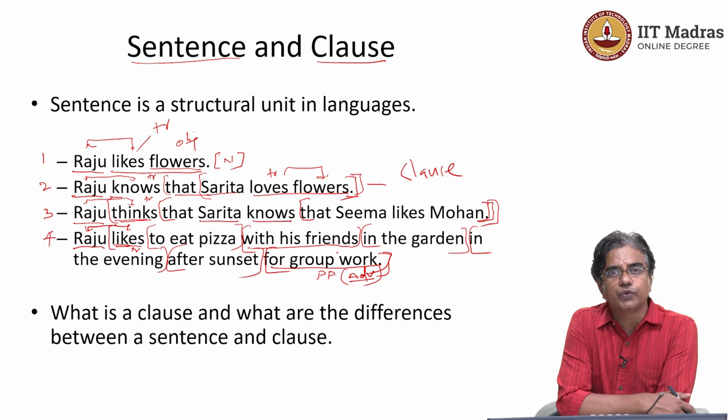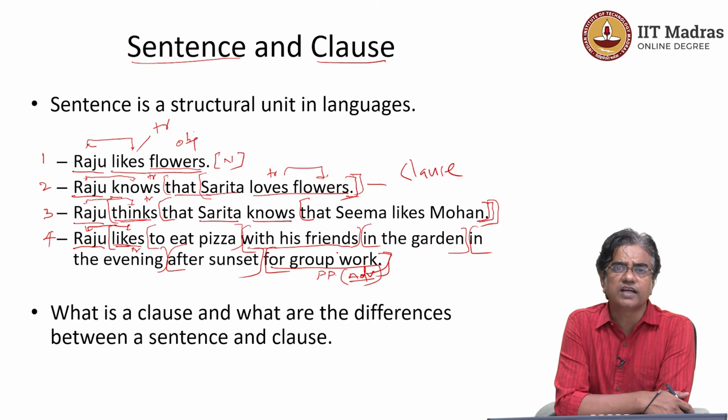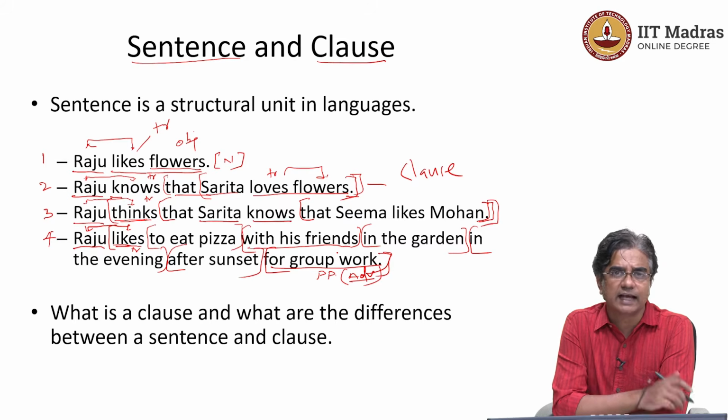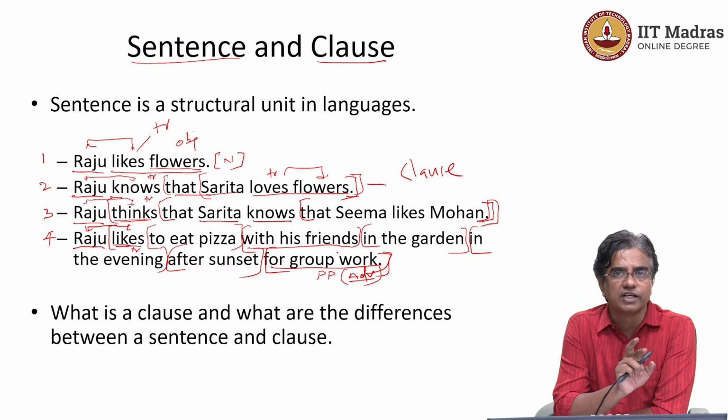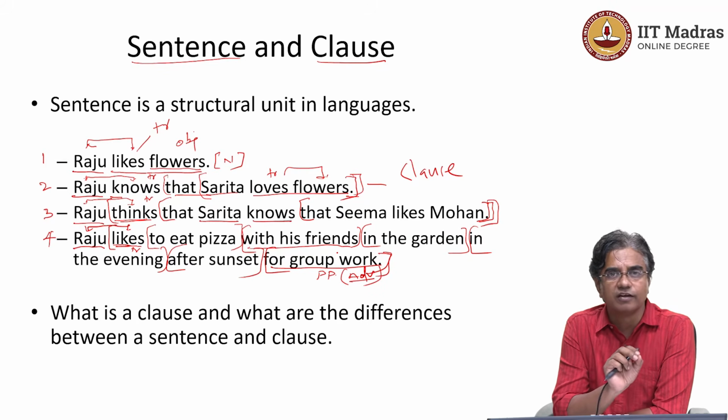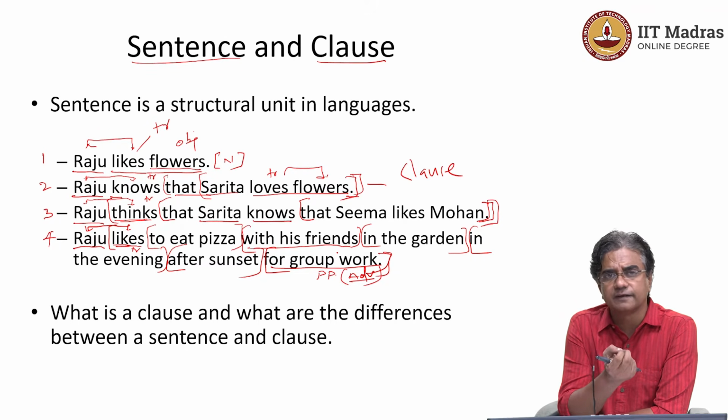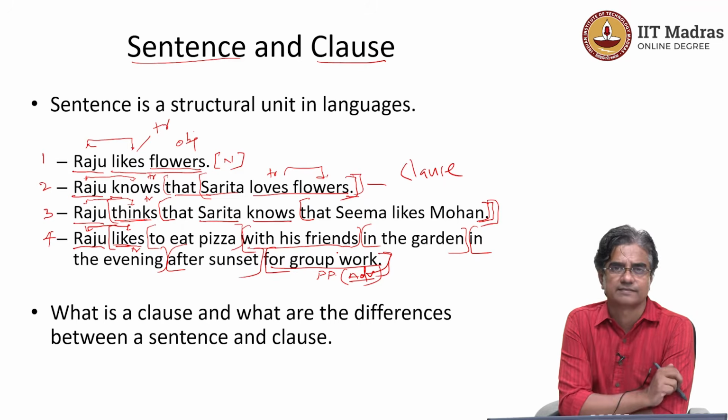And as you know about adjuncts, the number of adjuncts is not restricted in a sentence. You can have numerous adjuncts in a sentence, and the order of those adjuncts also does not have any fixed priority. You can have any adjunct following any other as long as they are chronologically making sense.